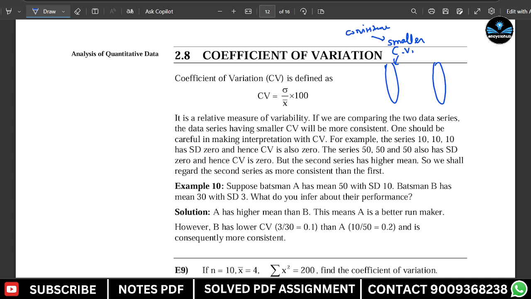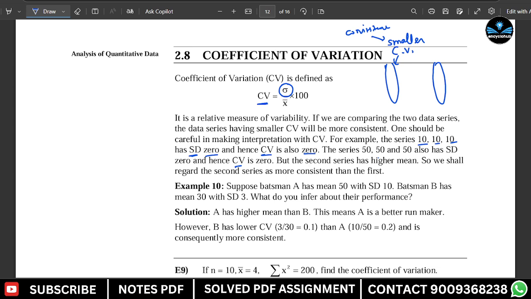One should be careful in making interpretations with CV. For example, we have a series 10, 10, 10 where SD is 0, so CV is also 0, because the standard deviation is 0. The series 50, 50, 50 also has SD 0, so CV is also 0, but the second series has a higher mean.